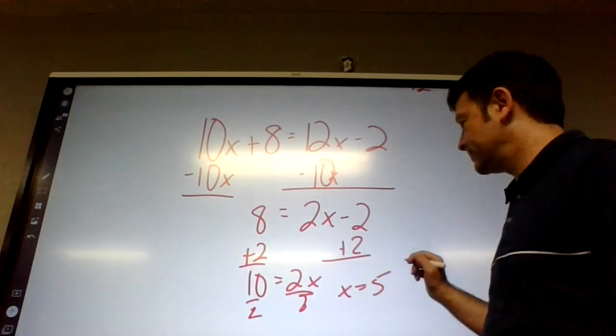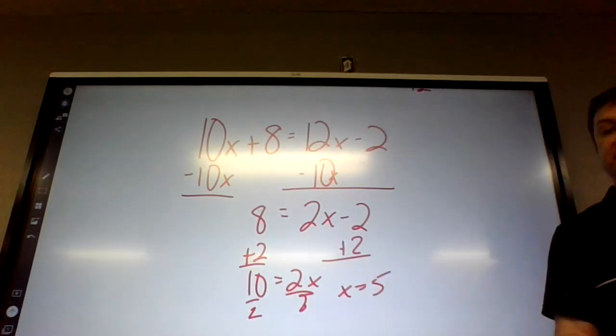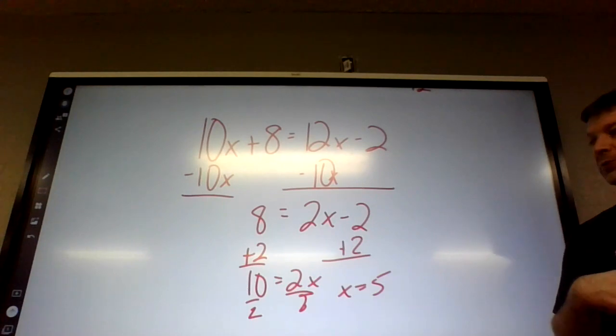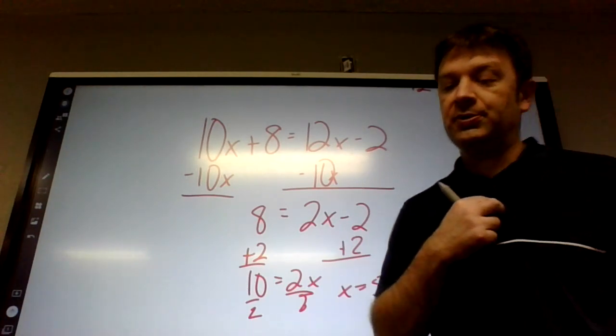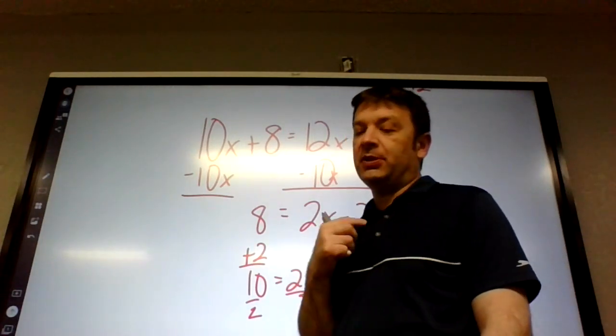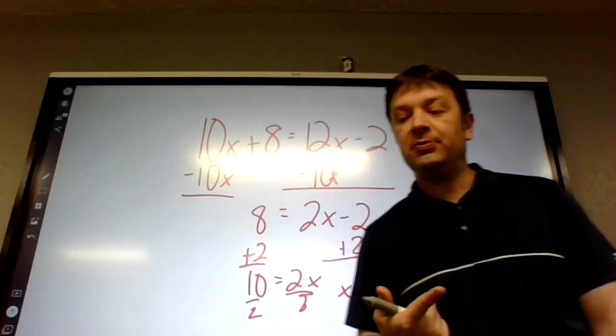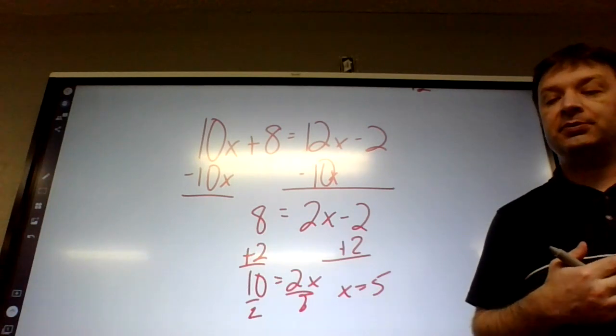Now, they're kind of mean to us. They said find arc YZ. So we're supposed to plug that x equals 5 back into one of those 58, but then to get the arc YZ, we'd have to do 58 times 2.